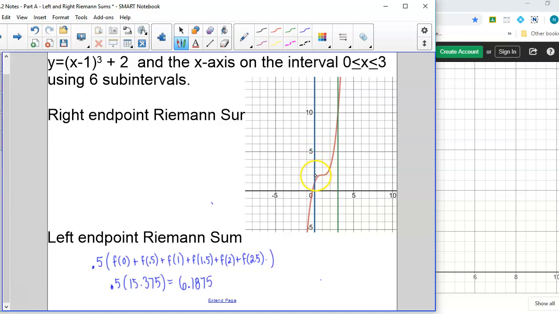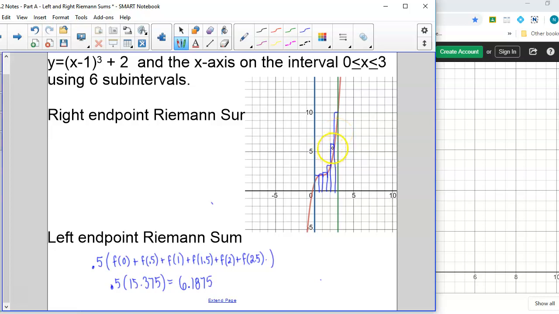So if I'm doing right endpoint, that would be like this rectangle, this rectangle, this rectangle, this rectangle, about here maybe, so this rectangle, and then the last one would be way up here. So you can see that one would be a pretty big overestimate for this one.